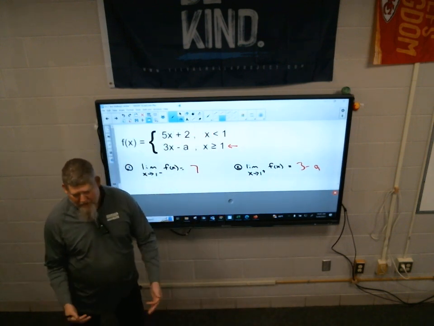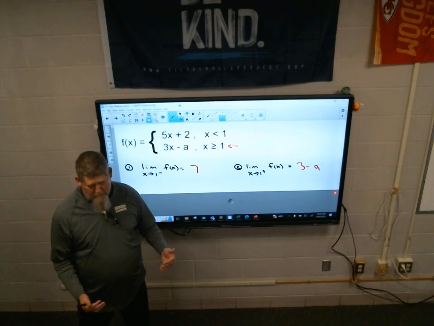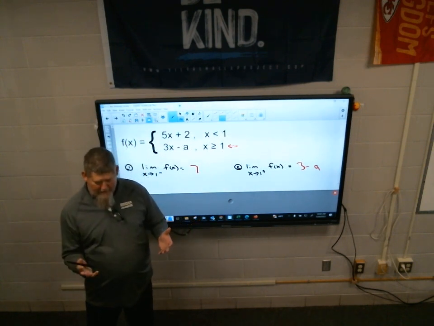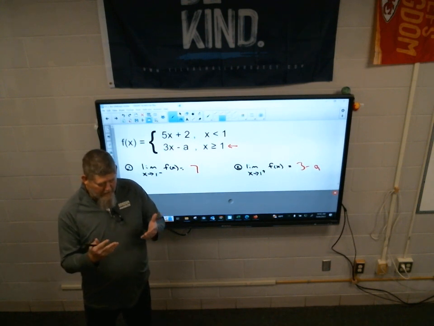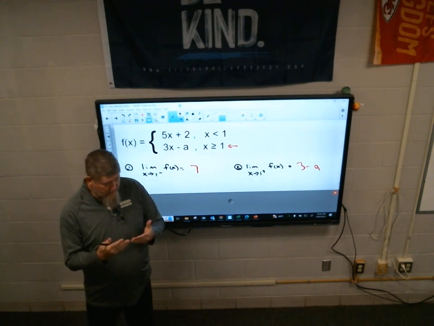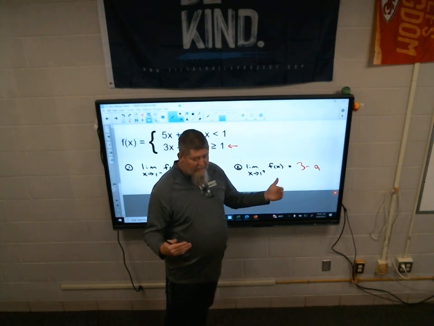Now, go back to our definition of limits, our definition of continuity. In order for something to be continuous, the left-hand limit and the right-hand limit have to be what? Connect, right? To connect, they have to be equal, right? Make sense? So if the left-hand side equals the right-hand side, then it will be continuous.